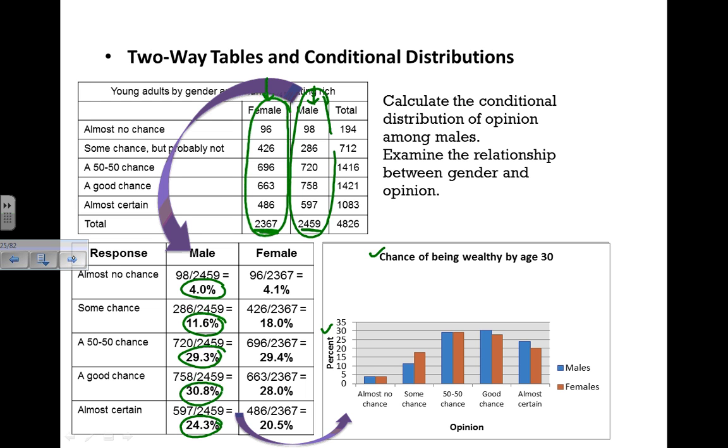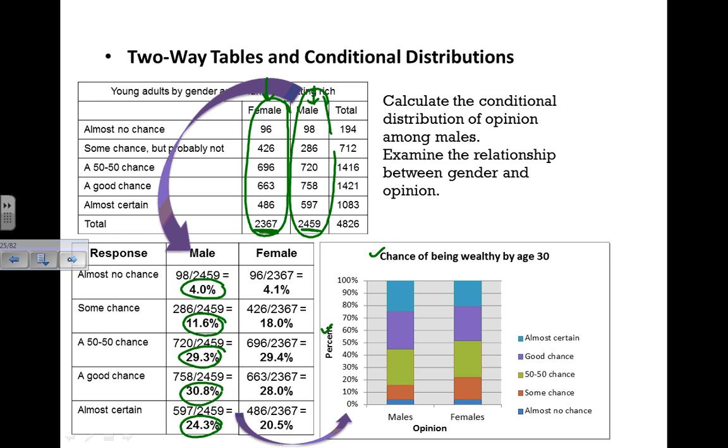So for whatever reason, in this survey on the chance of being wealthy by age 30, this was how it turned out. Just another way of looking at it. So you can have your segmented bar graph here. It's kind of nice to see as well.